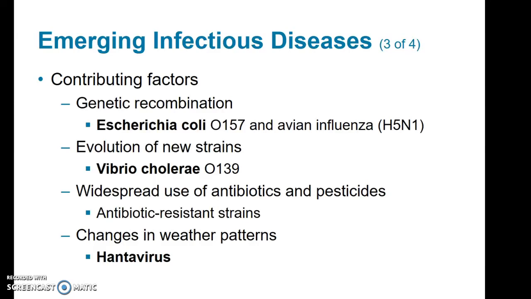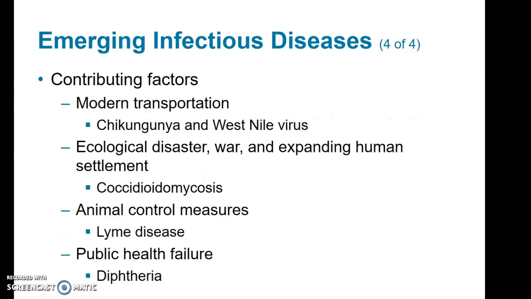And then changing weather patterns can make it to where certain diseases that were restricted geographically because of climate, those diseases can be successful in other locations as the climates change and become more suitable to them.